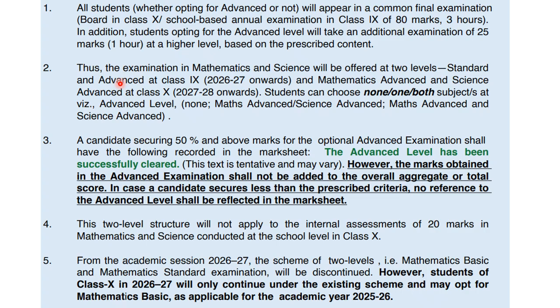Then this advanced level, those who are writing and scoring 50% or more, in their mark sheet this word will be certified. They will be certified that they have successfully cleared, like that. One term will be given. Seeing that, everybody can understand the child has cleared the advanced level, so is capable of that. So there won't be a basic math and standard math option from the next academic year.